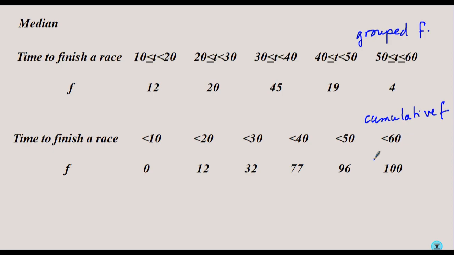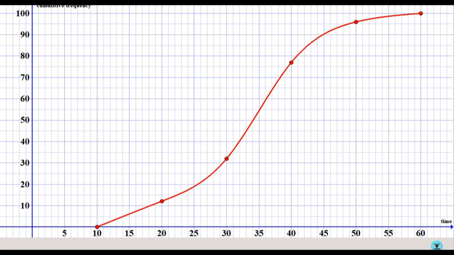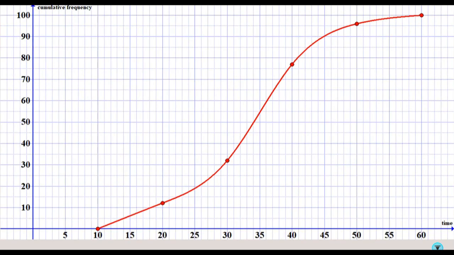And then if we draw the cumulative frequency curve, we can tell from the graph that the number of participants was 100, because this is the maximum point where the curve reaches, and that the minimum time taken to finish the race was 10 minutes, and that the longest was 60 minutes.